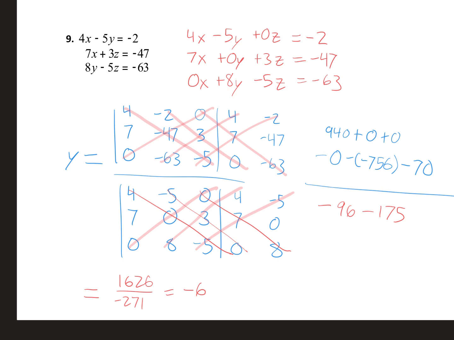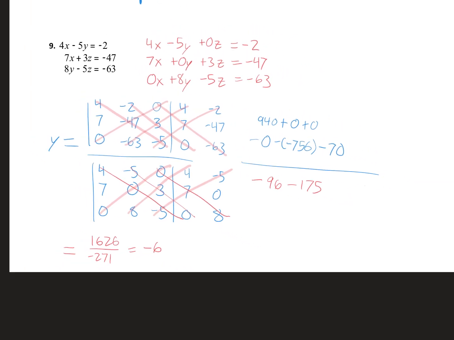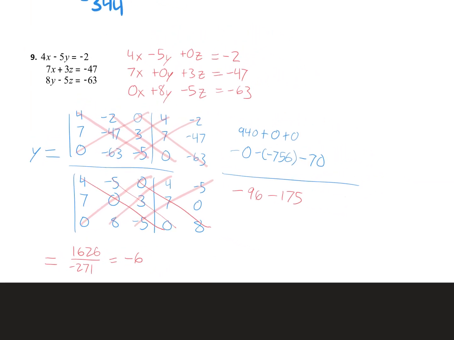And because all of our equations had only two variables, we can plug in that y and pretty quickly get the other two variables. So if I plug in negative 6 right there, I end up with 4x. Negative 5 times negative 6 is plus 30. Right, so 4x equals negative 32, x equals negative 8. And now we can plug in to either of the other two equations to find z.